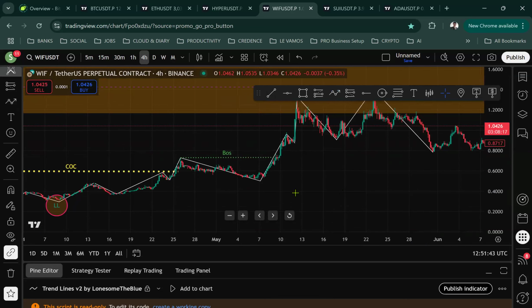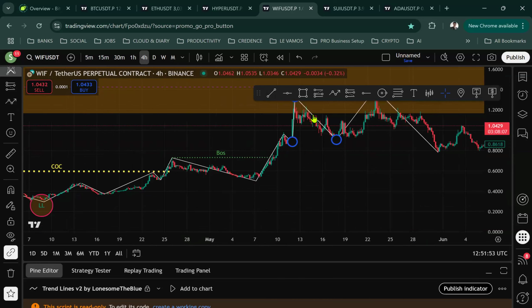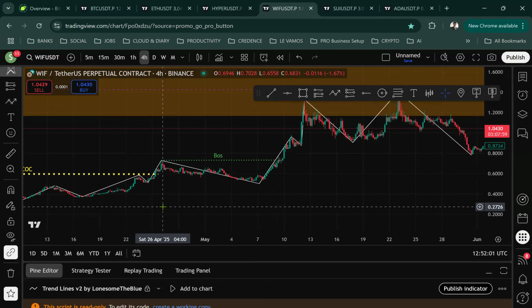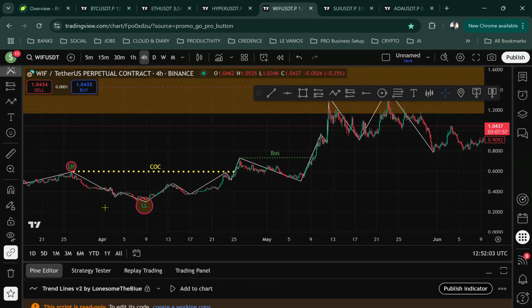Now another confusion is where I have to start the higher high, because the trend changed from here and is going up. The first higher high, where do I mark it? Is it here, or was there an impulsive move that came from the lower low? Here or here I can consider higher high.